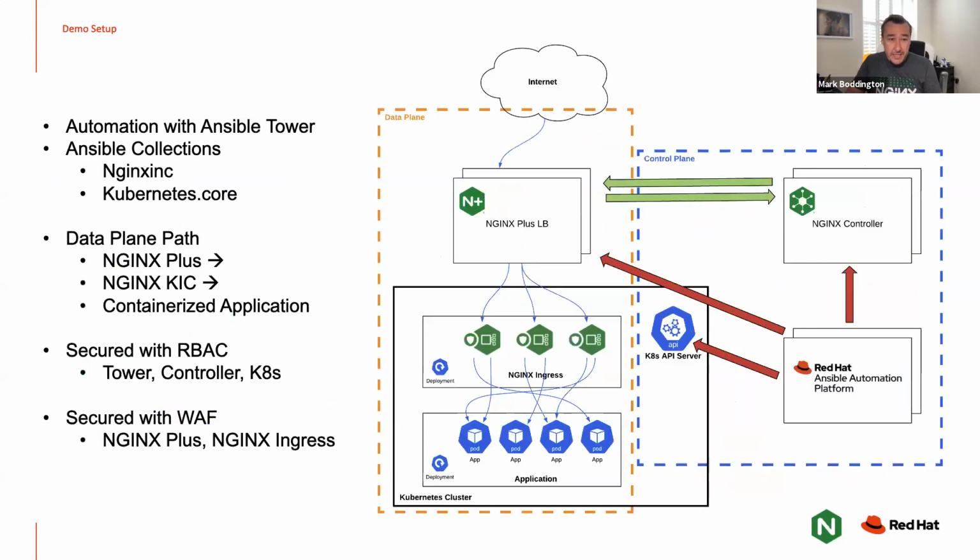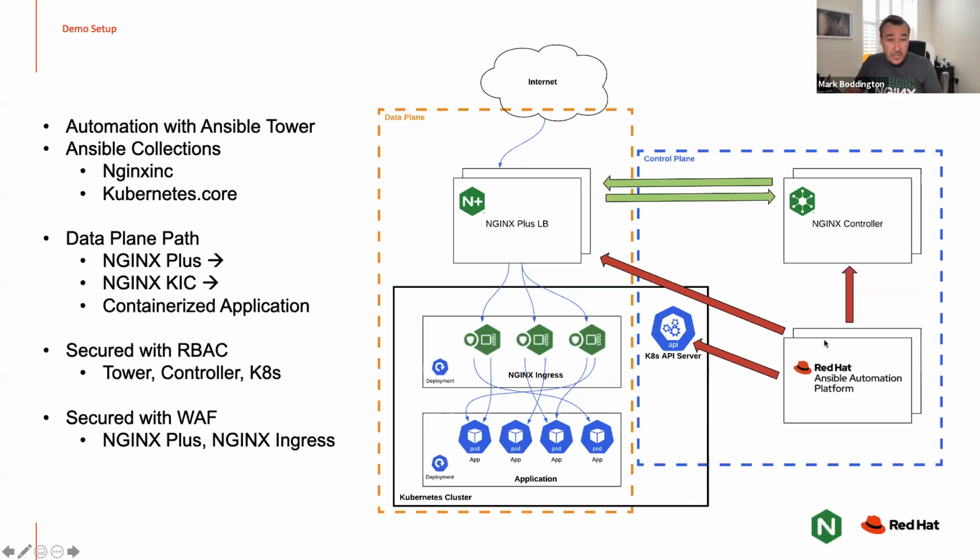Before we get into the demo, I'm just going to explain briefly what we have set up. We have an Ansible Tower deployment, which you can see down here in the bottom right, and that is going to be basically managing all of our deployments. It's going to be talking to NGINX Controller using a controller collection that we publish.